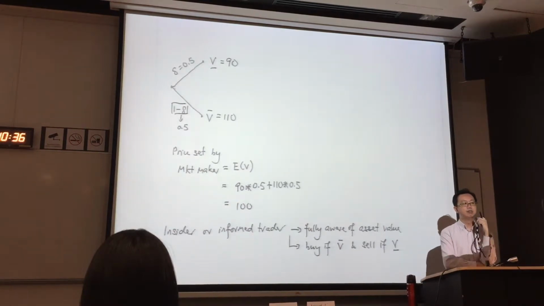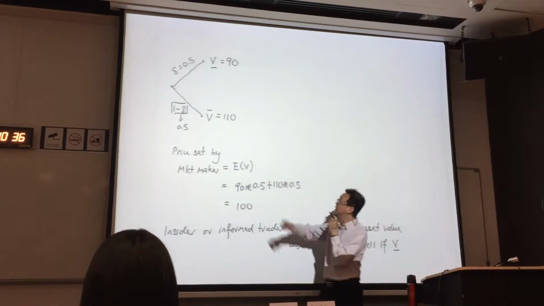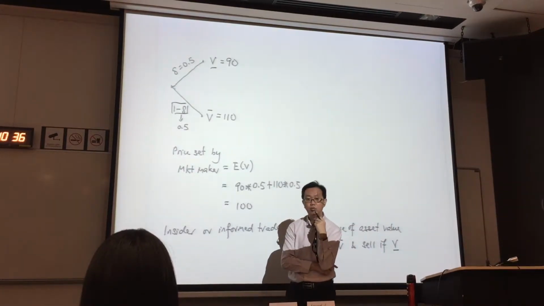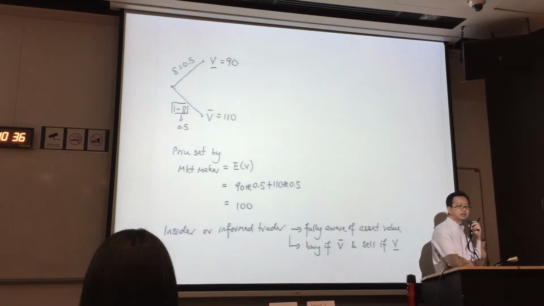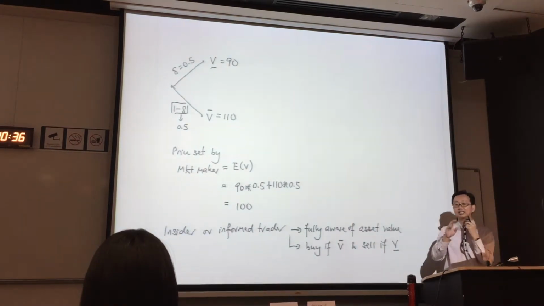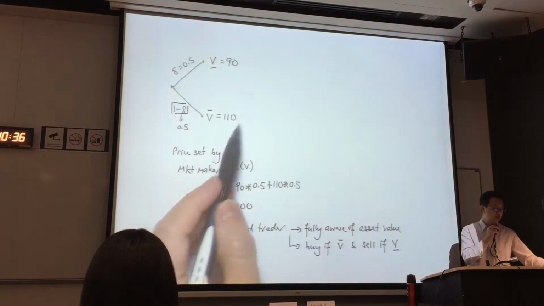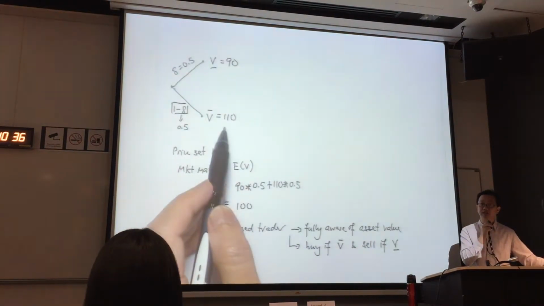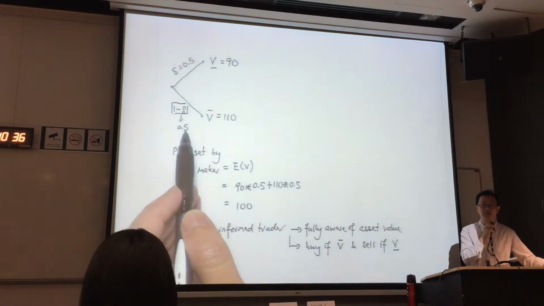When would the insiders buy? Only when the asset value is at 110. Agree? So if someone buys from the insiders, it will imply that the probability of value at 110 is probably higher than 50%.